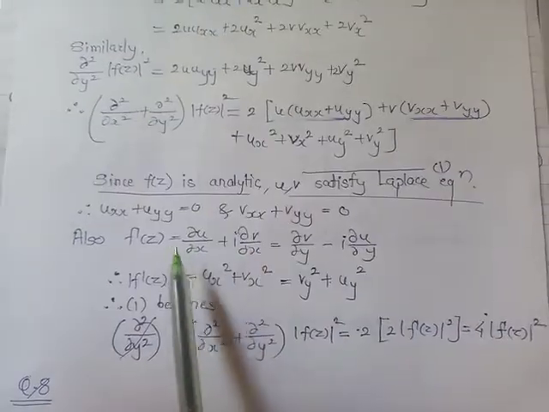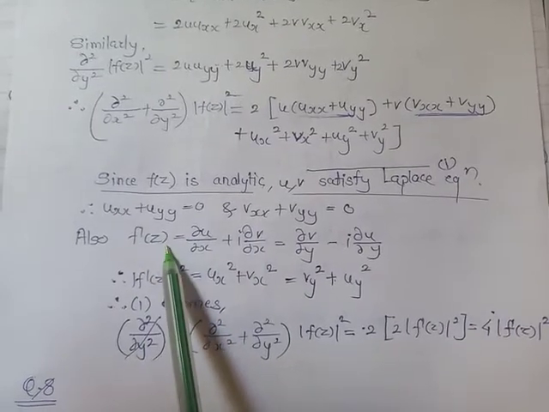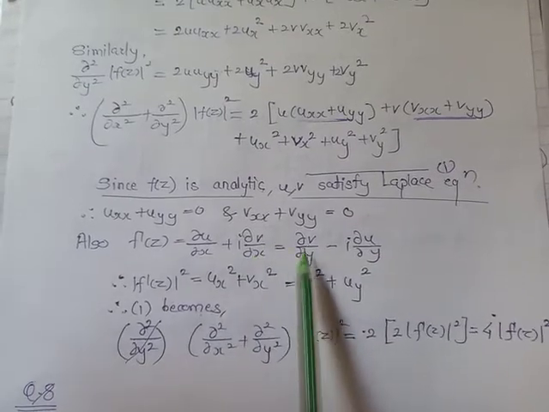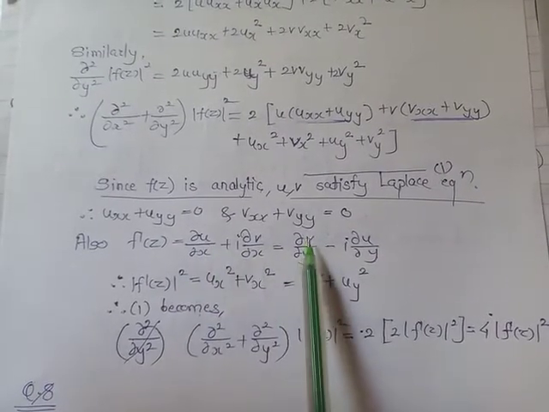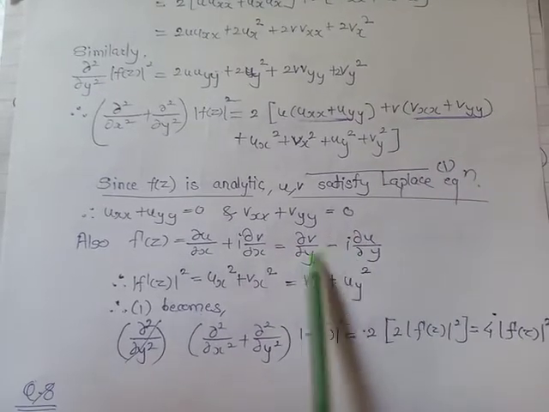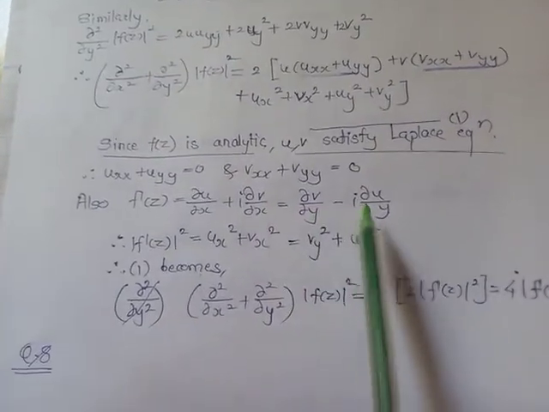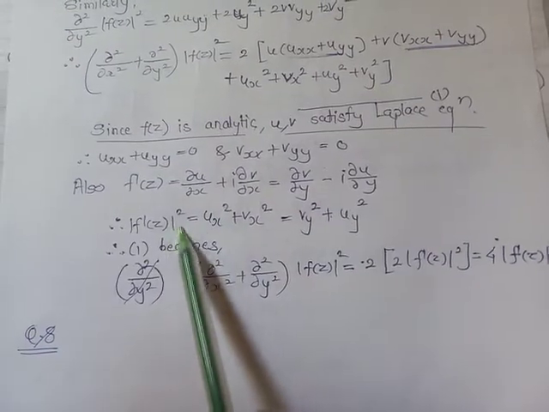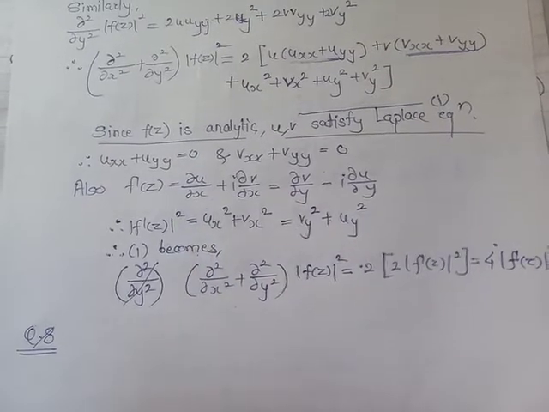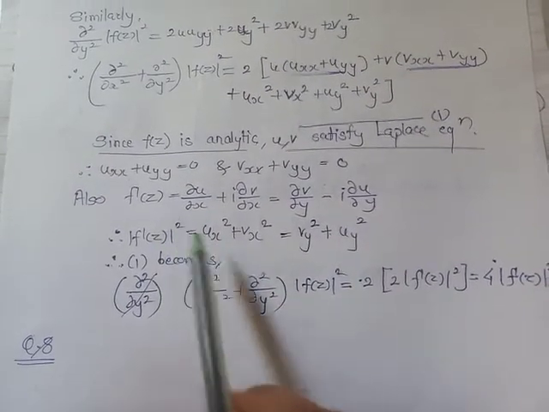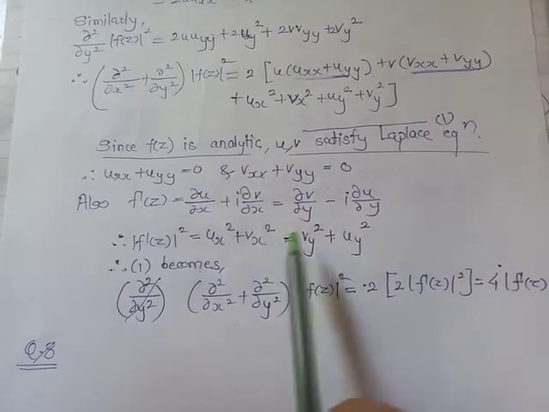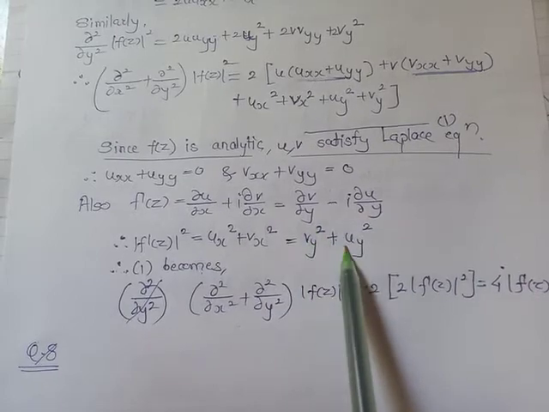Now we can say again f dash z is nothing but ux plus i vx. But by Cauchy-Riemann equation, ux is vy and uy is minus vx. So this is how we can write by using CR equations. Now modulus f dash z square can be written as ux square plus vx square. That is nothing but vy square plus uy square.